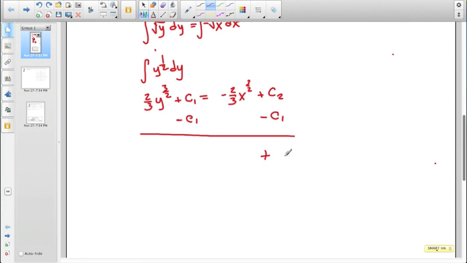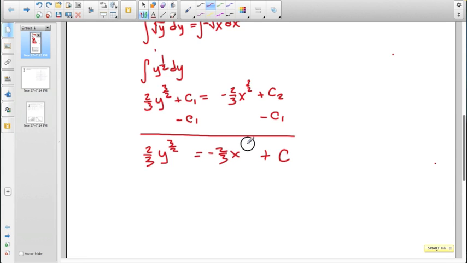So I generically put a constant c on the side of the expression that has the variable x. And like I said, this is the last time I'll actually do the subscript c1 and c2. I'll just throw a constant on the right-hand side from this point forward. But that's the reason why you can do that, because when you take a constant over to the other side anyway, it just turns into another constant.